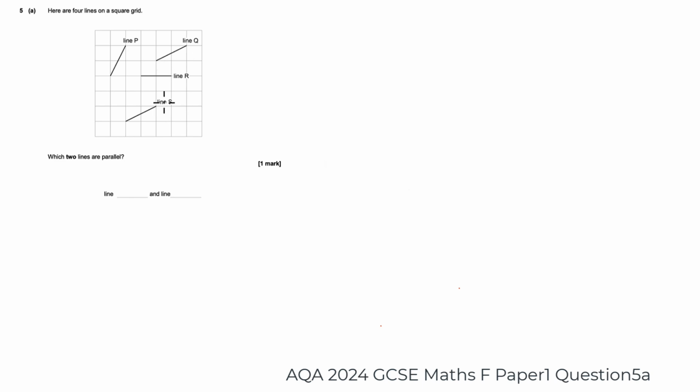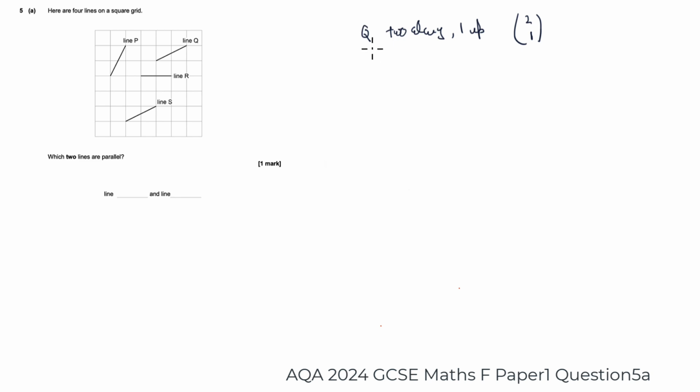Line Q and line S both go 2 along and 1 up, 2 along and 1 up. They're going in the same direction. And that's what parallel means. You're looking for lines that go in the same direction. So Q would be going 2 along and 1 up. Sometimes that's written as 2, 1.